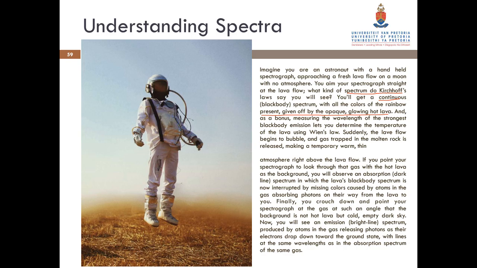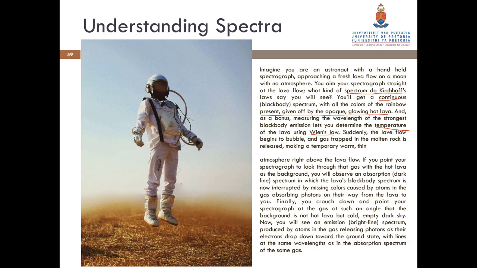And as a bonus, measuring the wavelength of the strongest blackbody emissions lets you determine the temperature of the lava using Wien's law. Suddenly the lava flow begins to bubble and the gas trapped in the molten rock is released, making a temporary warm, thin atmosphere right above the lava flow.